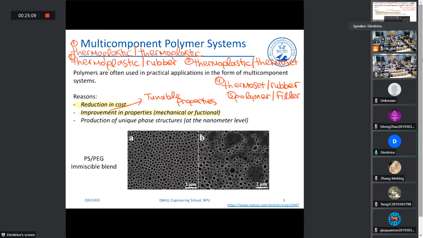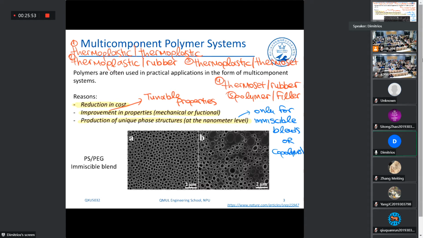and finally, for the case of immiscible polymers or copolymers, we have production of unique phase structures at the nanometer level, and we will talk about that on Monday. How do we take advantage of these unique phase structures, these nanostructures at the nanometer level? That takes place, though, only for immiscible blends or copolymers.